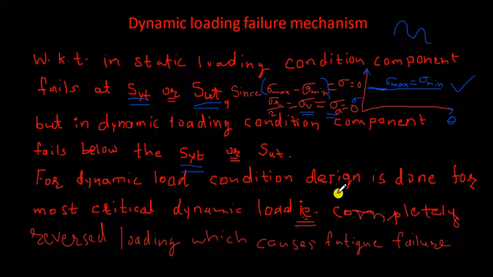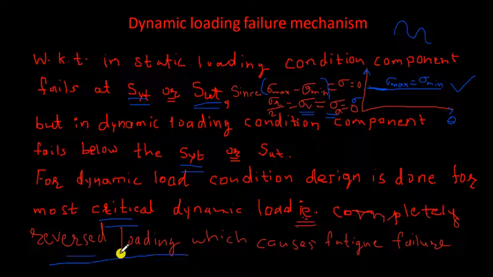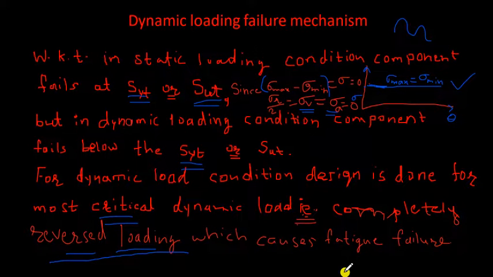For dynamic load conditions, design is done for the most critical dynamic condition. We have seen four different conditions of dynamic loading, out of which the critical one is the completely reversed loading condition. How can I say that completely reversed loading is critical, which causes fatigue failure? We will see in the next slide.